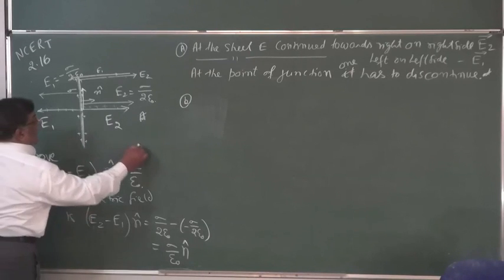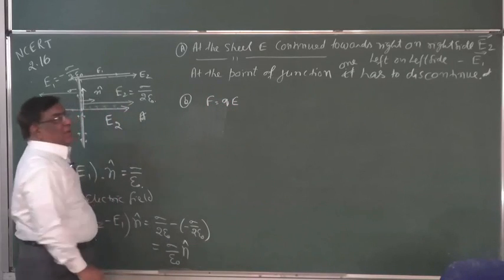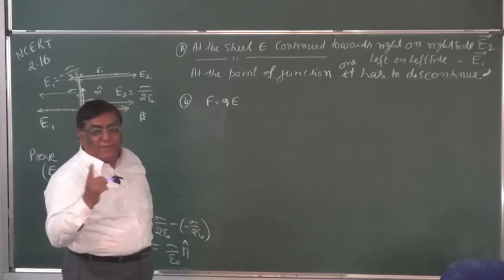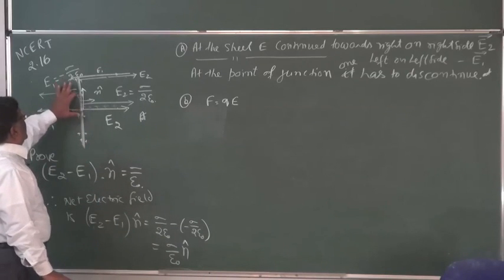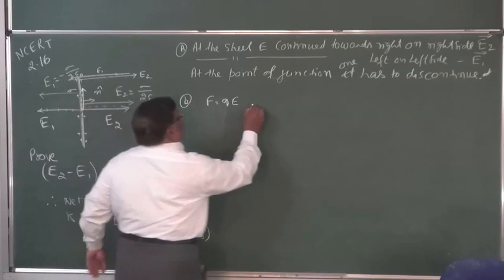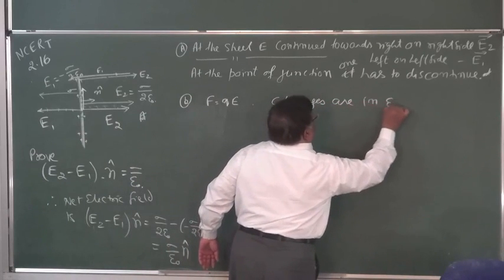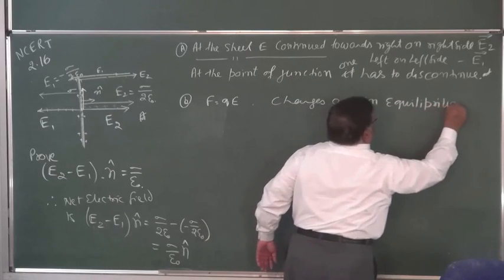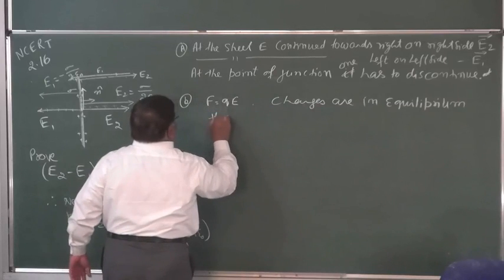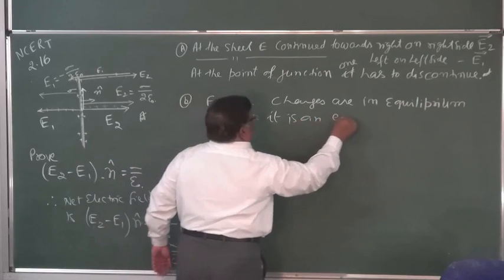There is no force, and force is QE. The charges move from higher potential to lower potential, and if the charges are not moving, then how are these potentials? Equal, equal, equal, equal. Charges are in equilibrium. Therefore, it is an equipotential surface.